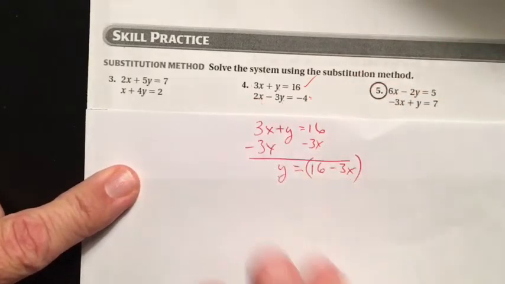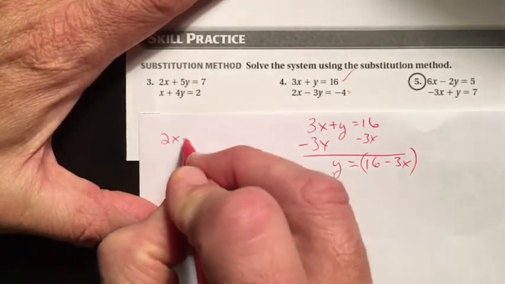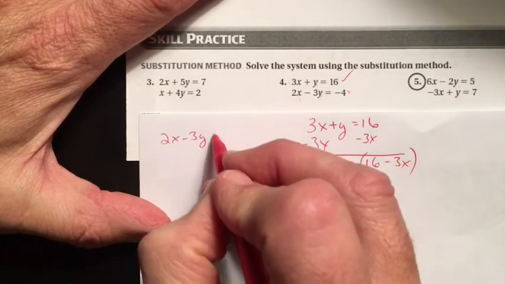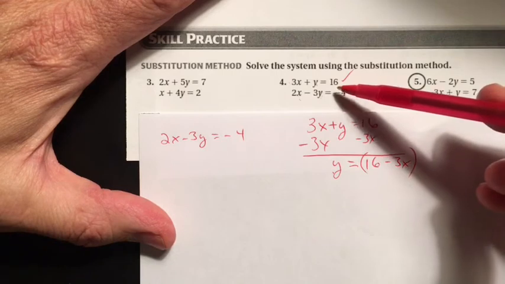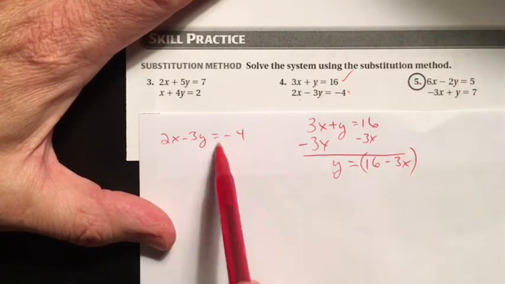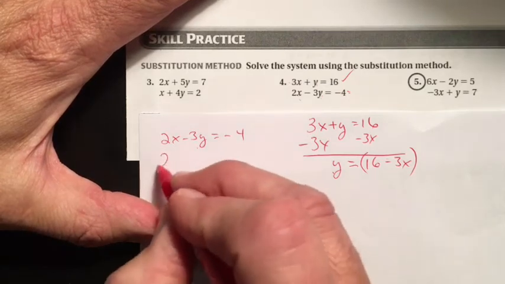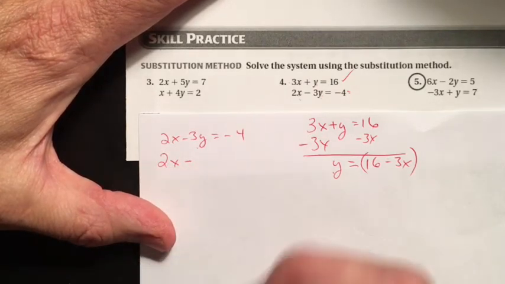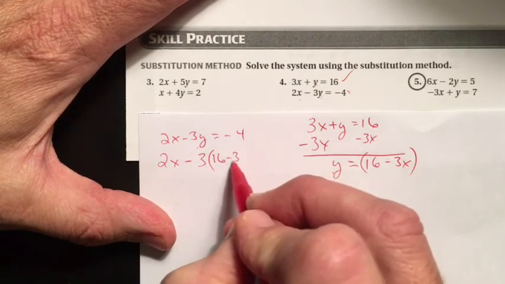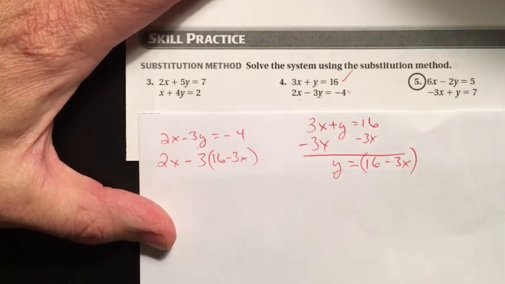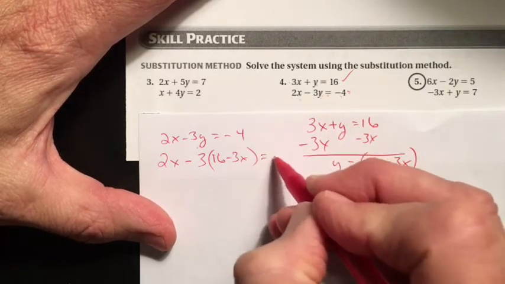So I'm going to rewrite this equation as 2x minus 3y, written as it is already, equals negative 4. Y equals this quantity. Here's y, I'm going to take it out and put this in its place. So 2x minus 3, now the y is gone, and (16 minus 3x) takes its place. Now don't forget the rest: equals negative 4.